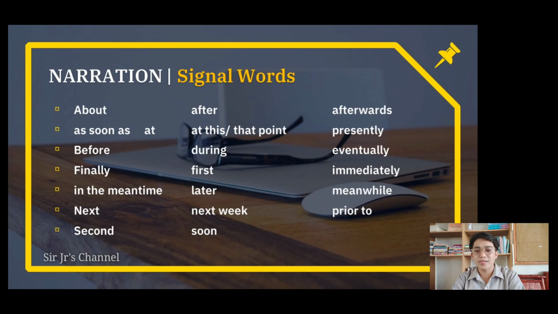So we have here about, as soon as, before, finally, in the meantime, next, second, after, at this point, or at that point, during, first, later, next week, soon, afterwards, presently, eventually, immediately, meanwhile, prior to. Alright, so you better remember those signal words.